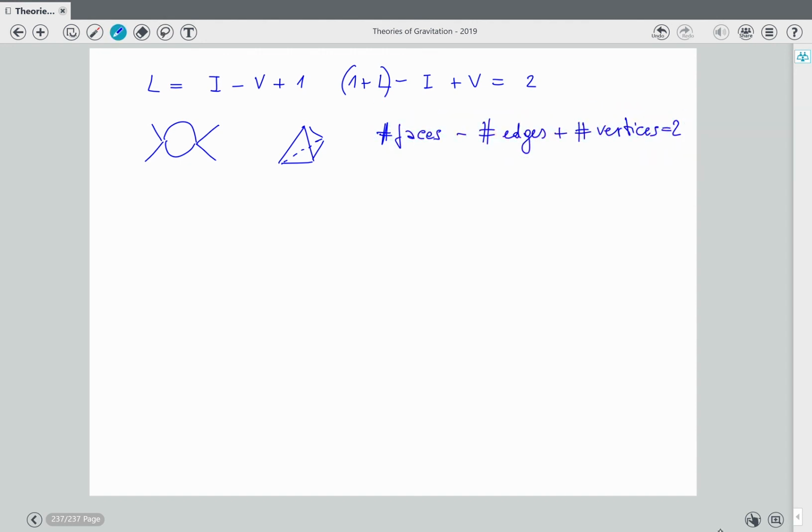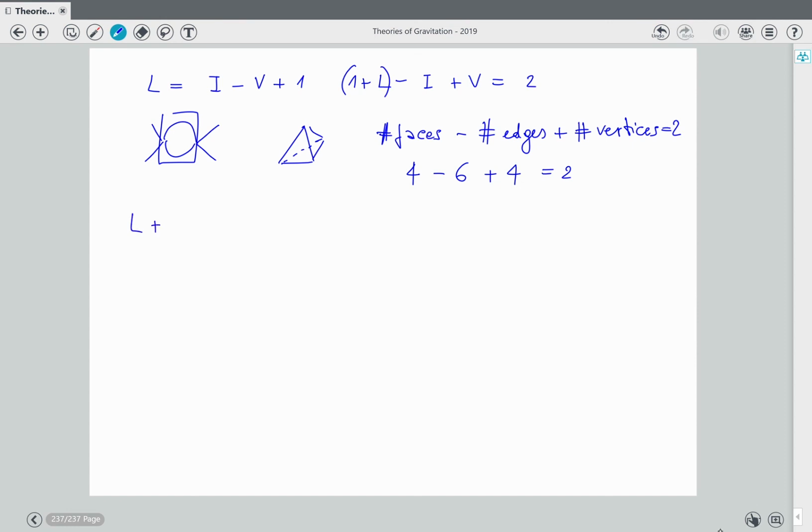So here in the tetrahedron, the number of faces is 4, the number of edges 1, 2, 3, 4, 5, 6, and the number of vertices is 4. Here, check this diagram. L is 1, so L plus 1 is 2.